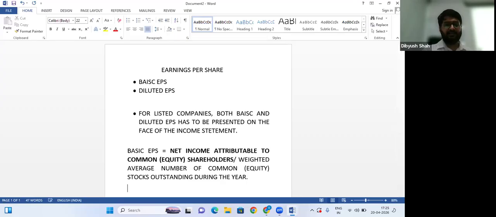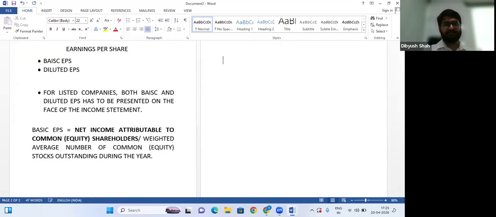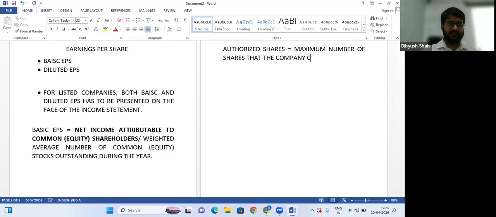There are three phrases we use when we talk about common stocks. First is the number of shares authorized, or authorized shares. Authorized shares simply means the maximum number of shares that the company can legally issue.